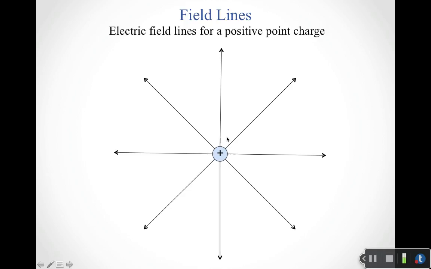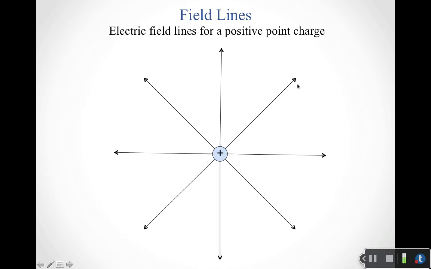I know that the electric field is relatively large close to the point charge, because the spacing between my lines is fairly close here. It gets weaker as you go out because the gap between lines gets bigger as you go further and further out.